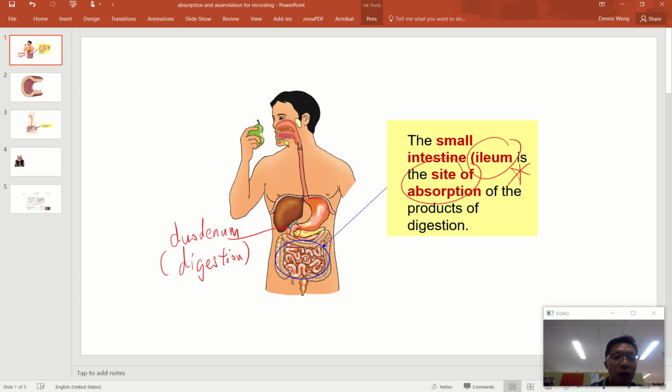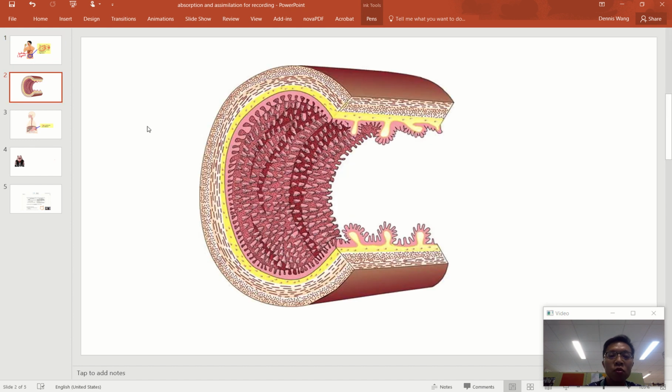Okay, and we move on. We take a look at how the small intestine is like. You need to know a little bit about the features. The small intestine is a very long tube, and if we open up this tube, it looks something like this diagram that we are seeing on the screen. If you take a look at it, there are many folds, and even these tiny little protrusions, which are known as the villi.